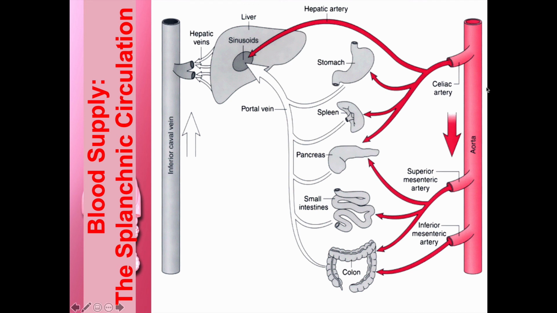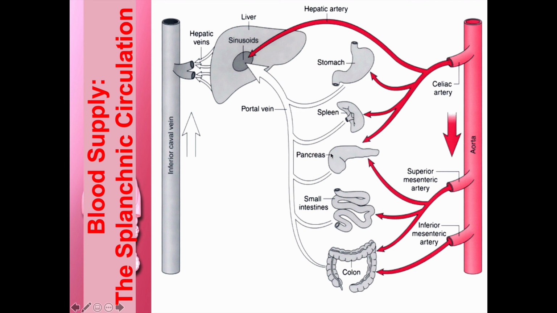You see these are the hepatic arteries. From the aorta come the celiac artery, superior mesenteric artery, and inferior mesenteric artery. The celiac artery supplies the foregut up to the second part of the duodenum. The superior mesenteric supplies the midgut, the small intestine, and the medial 2/3 of the transverse colon. The inferior mesenteric supplies the lateral 1/3 of the transverse colon, the descending colon, the sigmoid colon, and the anus.